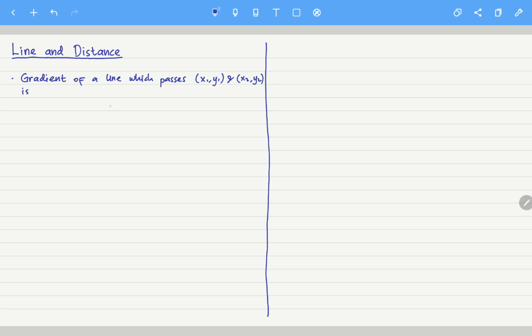So the gradient is defined by m equals y2 minus y1 over x2 minus x1.